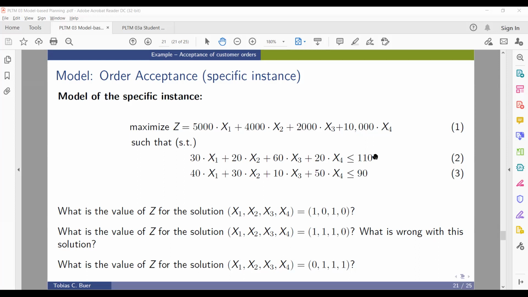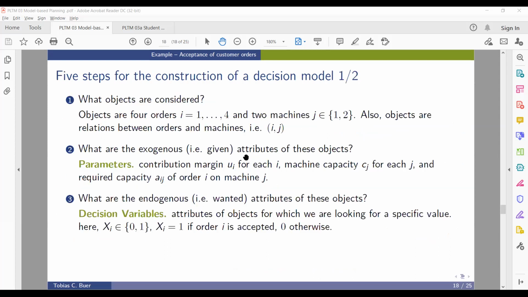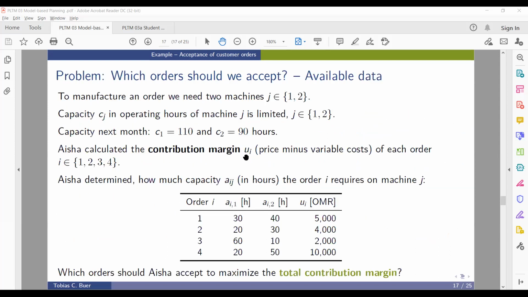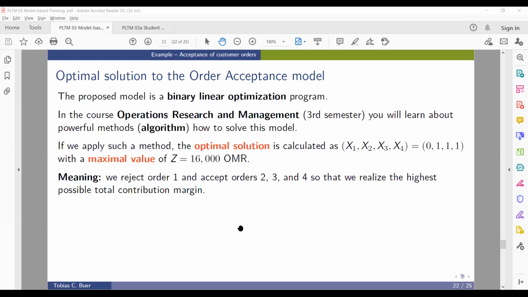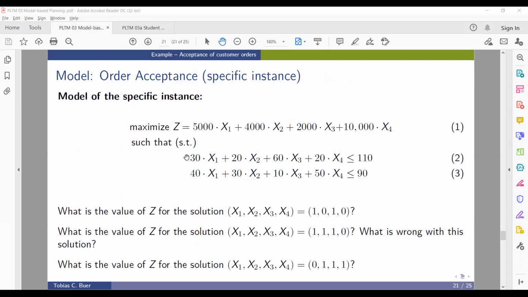And now if I go back to the table with the given data, on machine number 1, if we produce order 1, we need 30 hours. If we produce order 2, we need 20 hours, etc. And this is modeled here. If we produce order number 1, we need 30 hours.